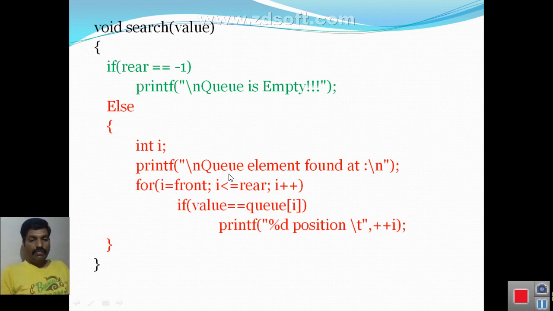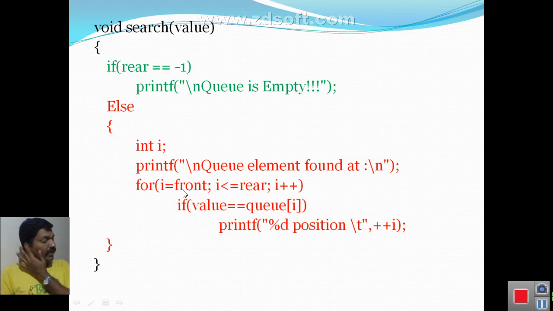So if in the previous slide I said 0 to 4 or 0 to 3 or something, here it is general coding, whatever the current position of the queue may be. Based on that, it is going to be performed. If value equal to q of i. So from 0 up to some number, for example according to the diagram, from 0 to 3: 0, 1, 2, 3, that is totally 4 numbers. The 4 number values are available on your right hand side, and the value we provided is on the left hand side.